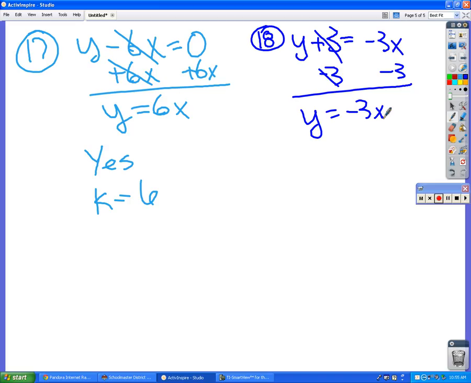No, because they're not like terms. So minus 3x minus 3 just stays as minus 3x minus 3, because one has an x in it and one doesn't, okay? So direct variation, yes or no? No, because of this minus 3 thing, that means it is no, and then we are done.